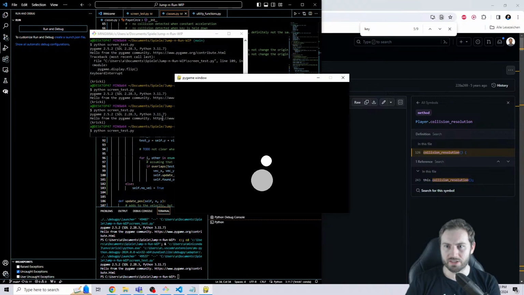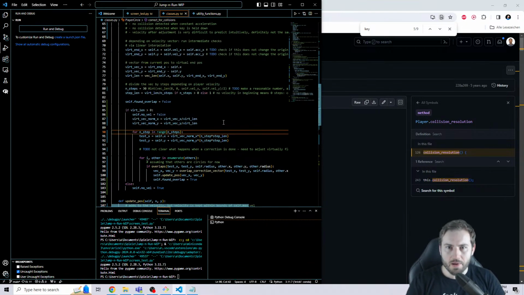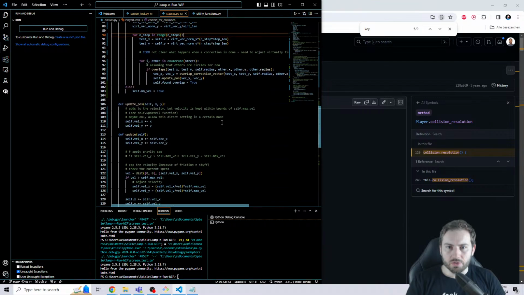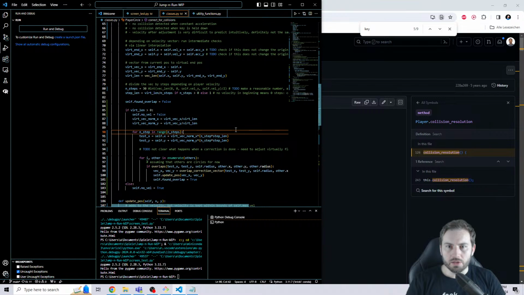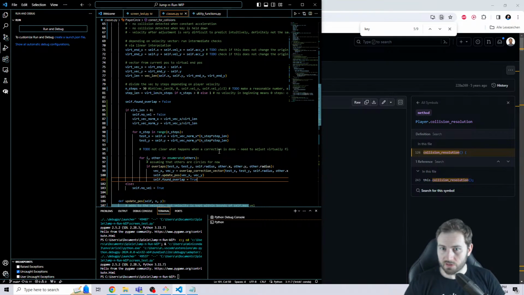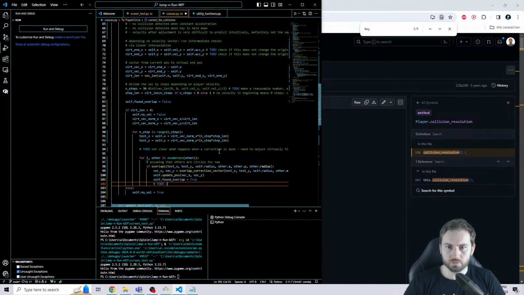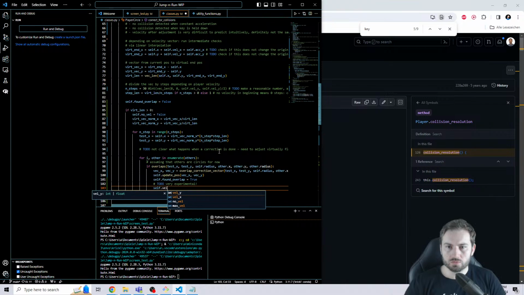Man, we could also just set the velocity to 0, just for fun. Let's see how that feels. If we have a collision and we correct for it, then let's just for fun set the velocity to 0. Because I'm cool, I write this in one line.